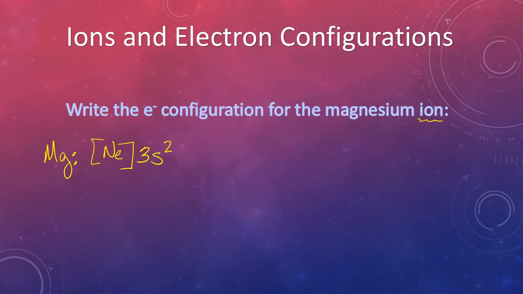What is the charge on the magnesium ion? That's correct. It's 2+. What does that 2+ mean? Did it gain electrons, or did it lose electrons? It lost electrons. That is correct.